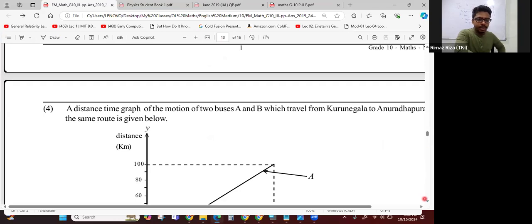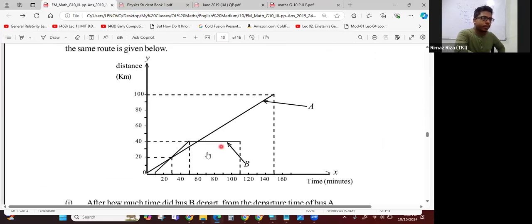Bus A. You can see throughout the motion it is moving at a constant velocity. So that is 100. So you can find the gradient, right? Because in a distance time graph, the speed is given by the gradient. The gradient of the distance time graph gives the speed of the object.